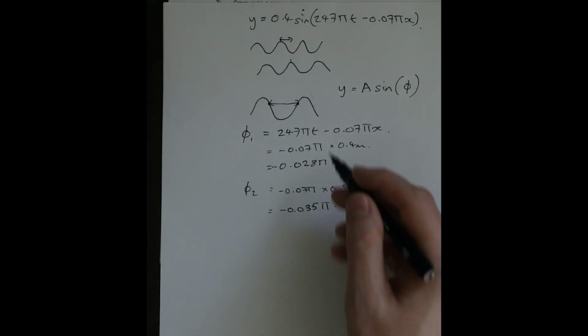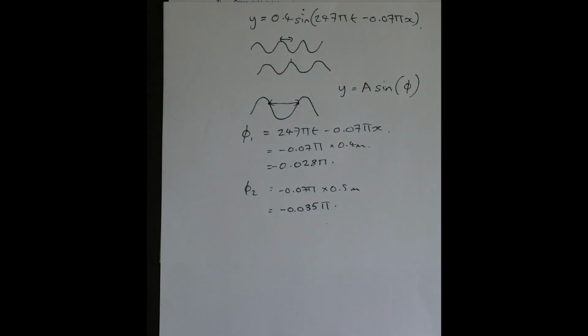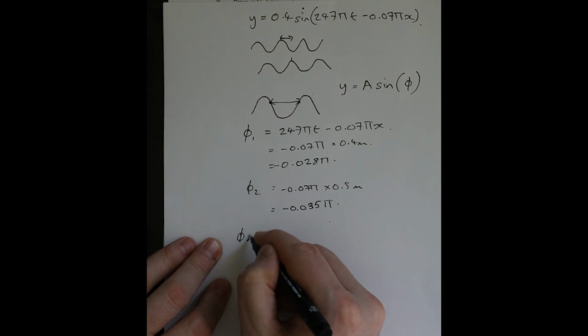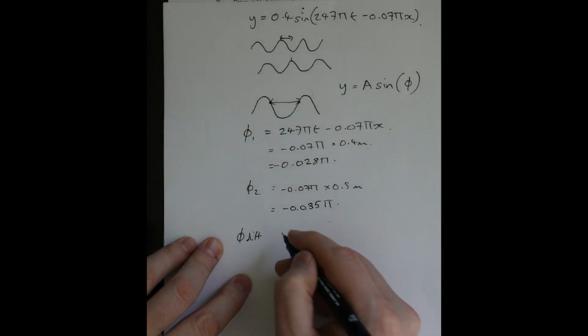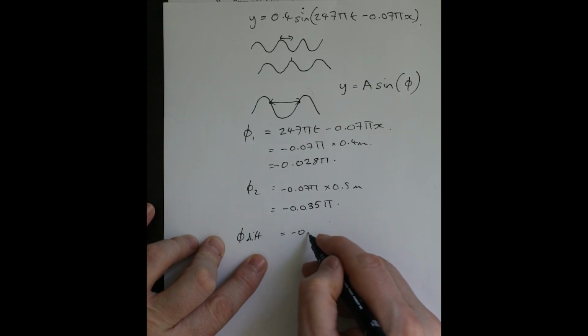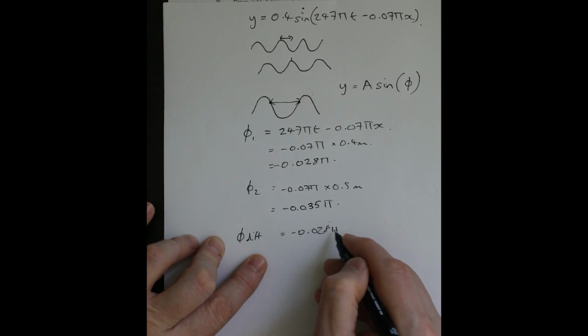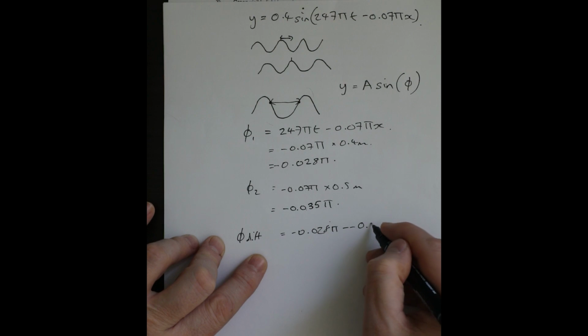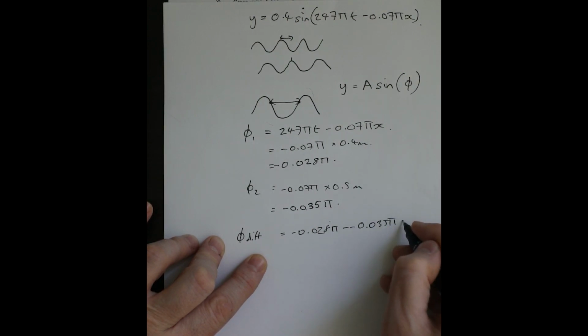Okay, so it's negative there. And so the phase difference is just the difference between these two. If I take one and subtract the other, the phase difference is going to be equal to 0.028 pi minus minus 0.035 pi.